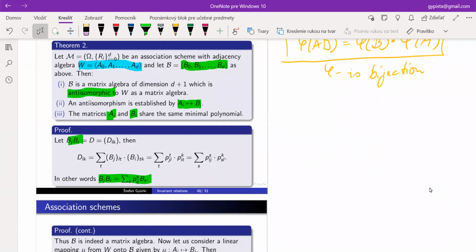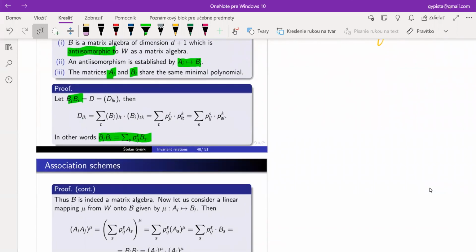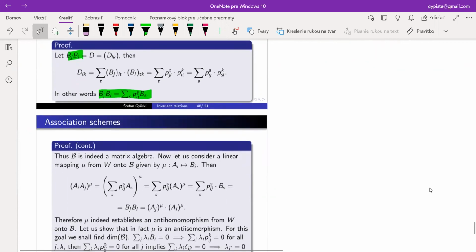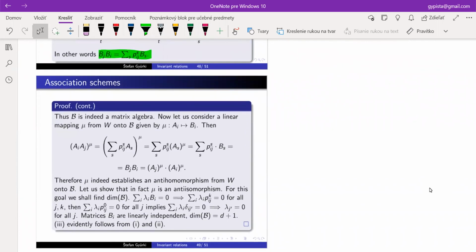So the intersection algebra and the adjacency algebra are anti-isomorphic. And we know what the anti-isomorphism looks like. And moreover, we know that the basic matrices and the intersection matrices share the minimal polynomials. So I think I have to finish slowly.